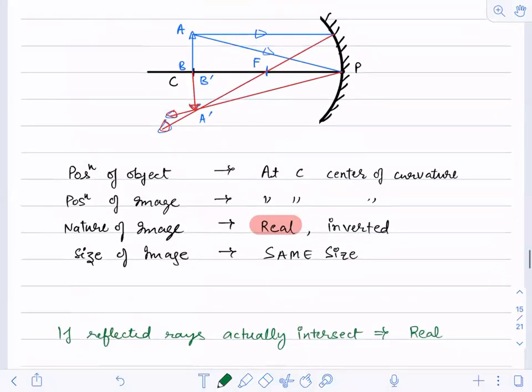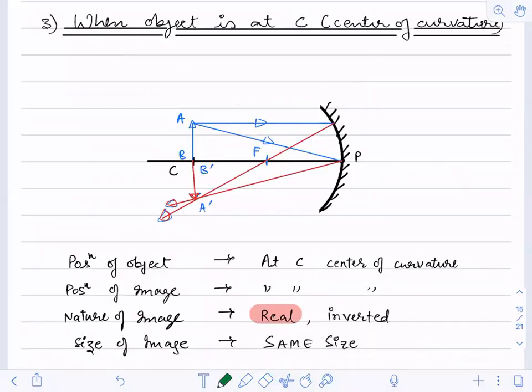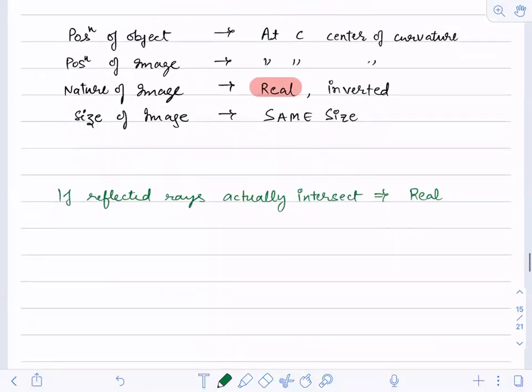So here they are actually intersecting. After the reflection happens, the reflected rays will intersect by themselves on the left hand side of the mirror, at one point. So such an image will be called a real image.